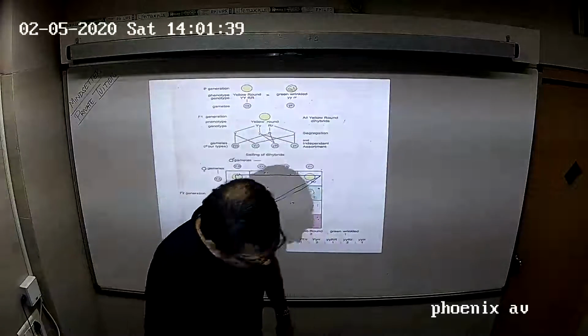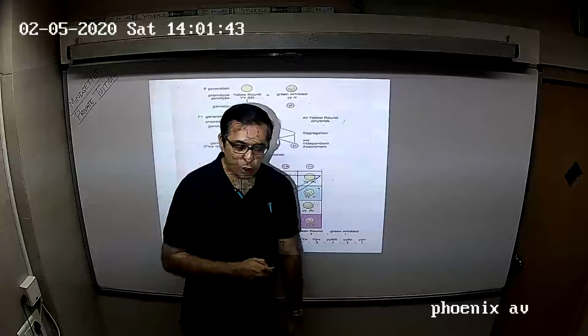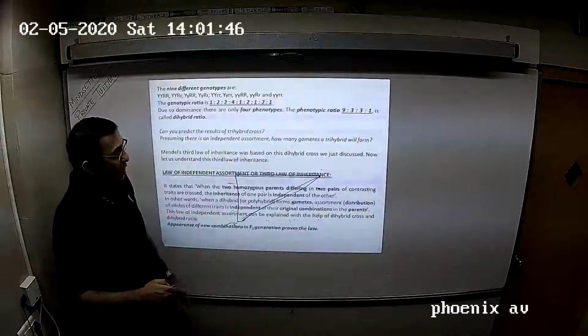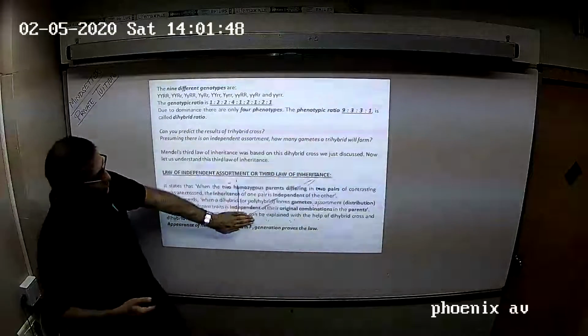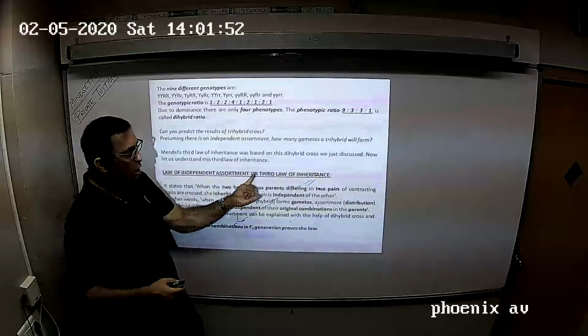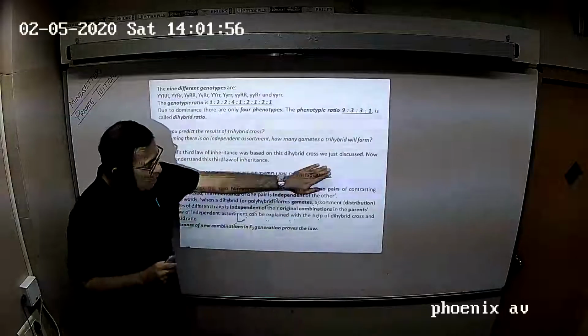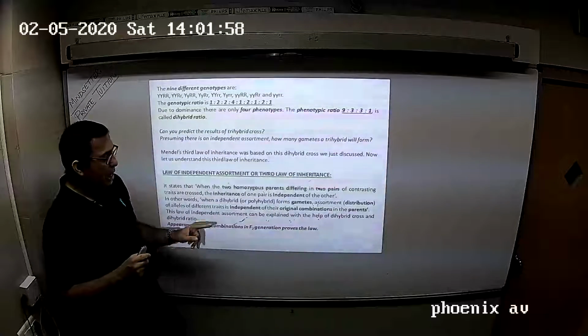Right. Now, depending on this dihybrid ratio, Mendel gave his third law, which is the law of independent assortment, or the third law of inheritance. Carefully, what does it state?